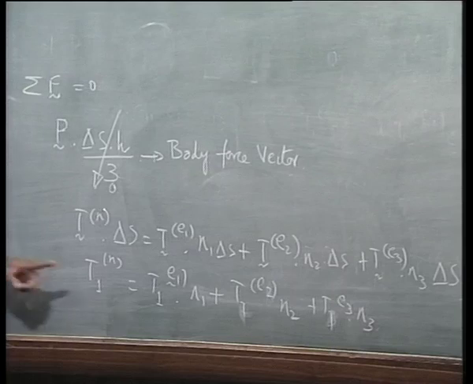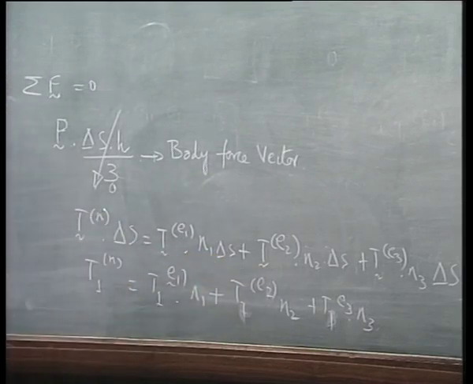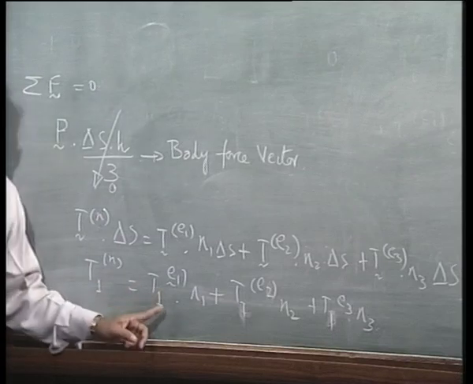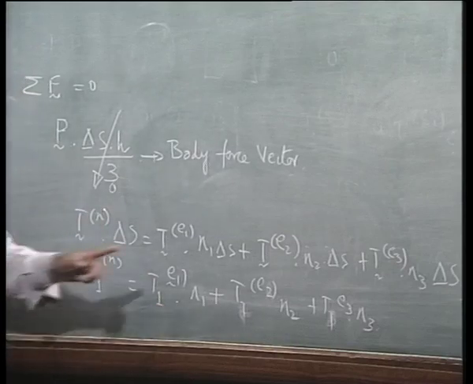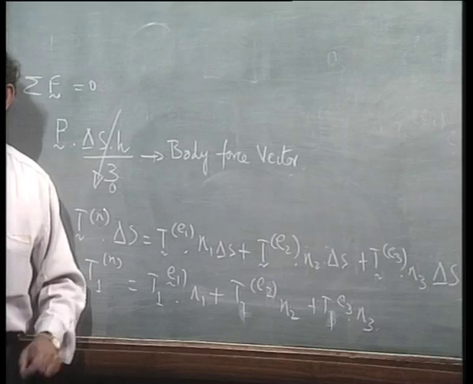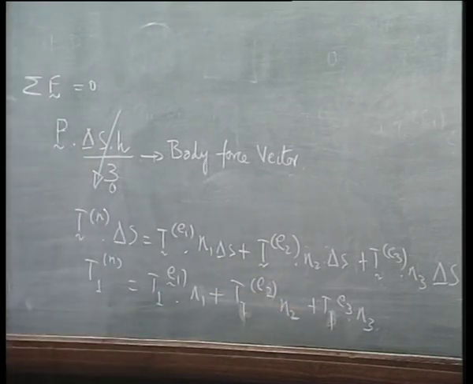What is the notation we introduced for this? Sigma. So what is this? Sigma 1 1. What is this? Sigma 2 1. What is this? 3 1. Correct. Is that clear?